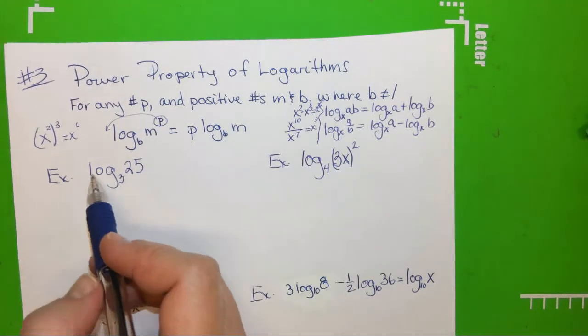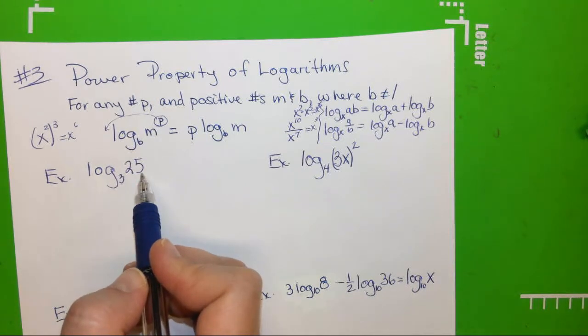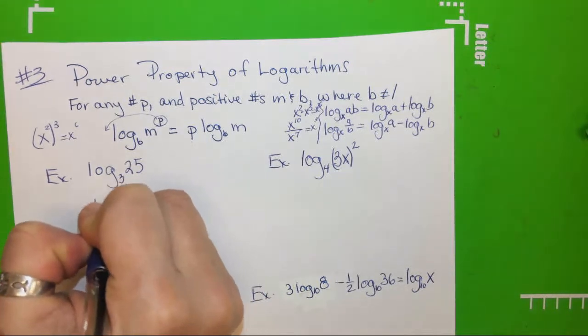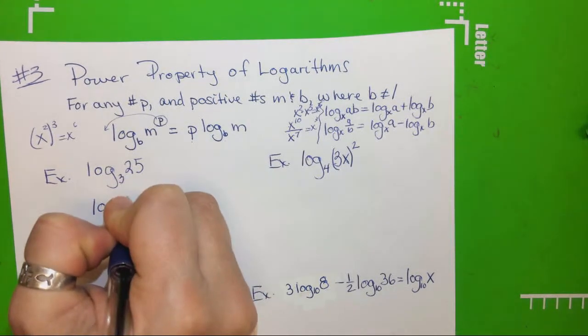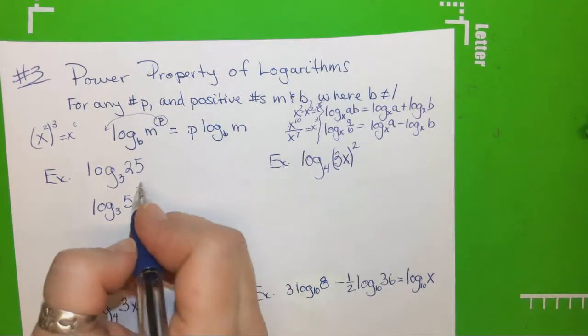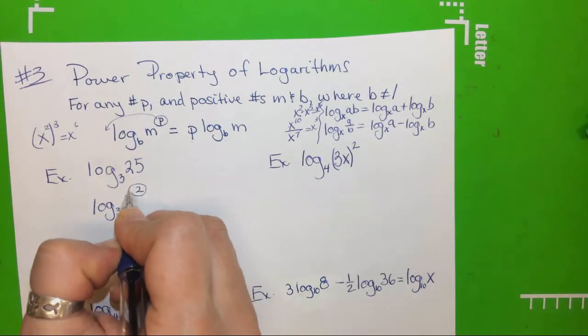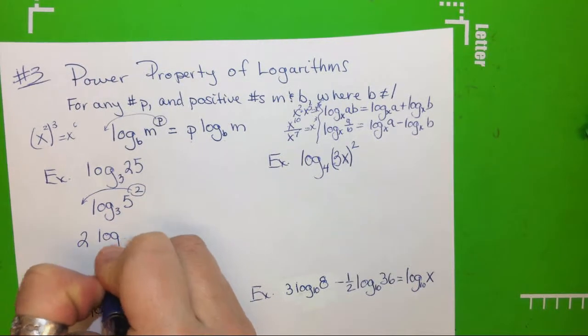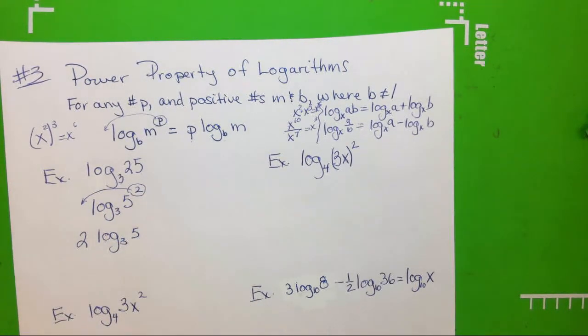So let's take a look at this one. We have log base 3 of 25. Well, 25 is actually equal to 5 squared. So log base 3 of 5 squared. And we could take our 2 and stick it to the front. So that's really equal to 2 times log base 3 of 5.